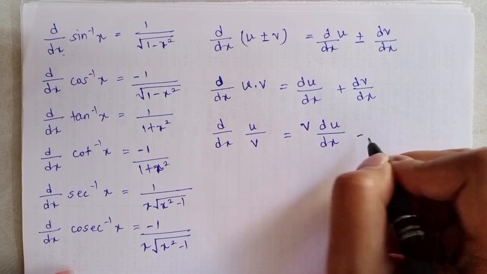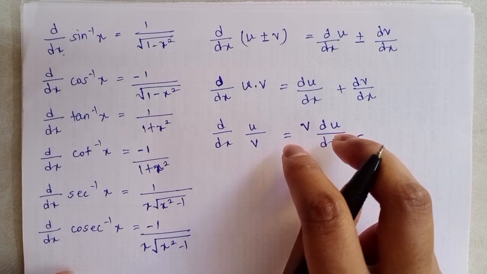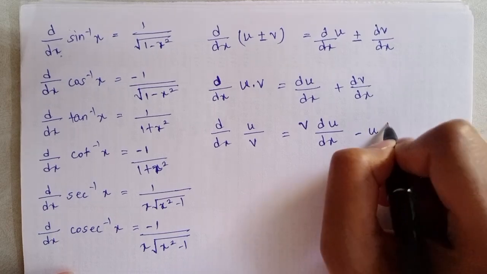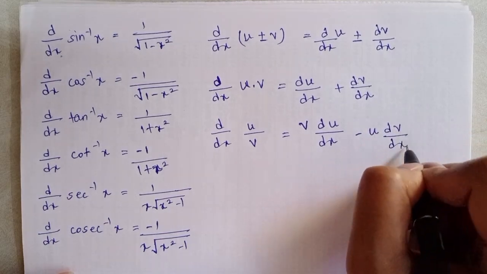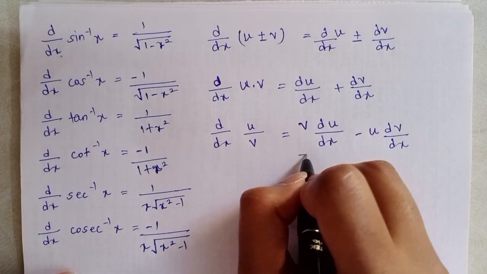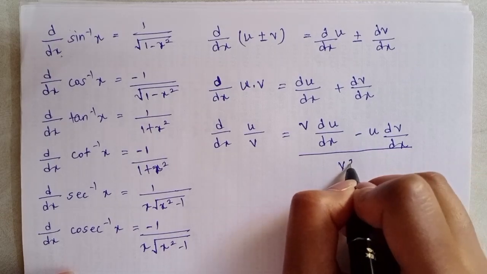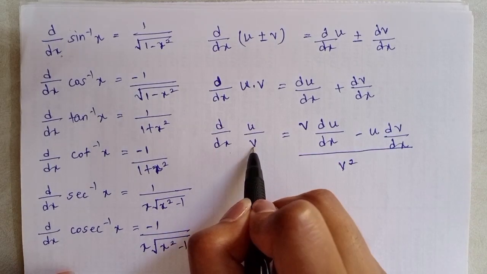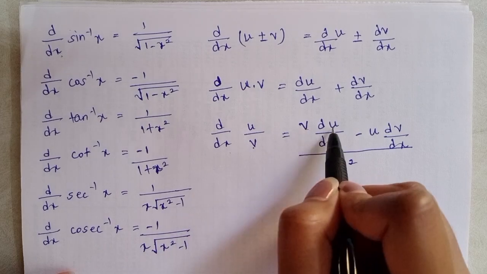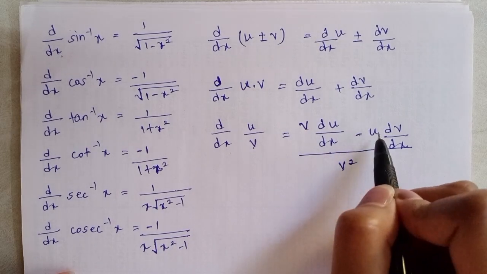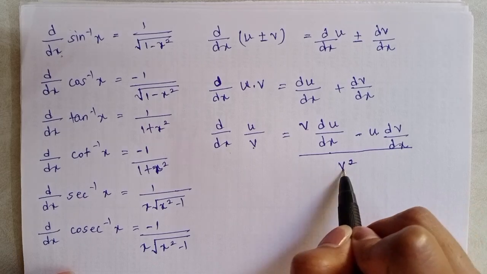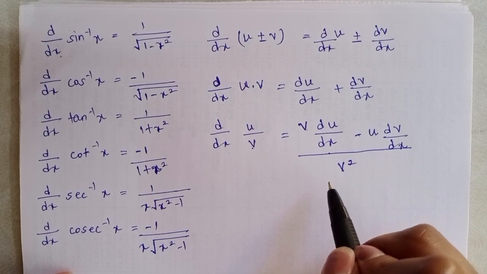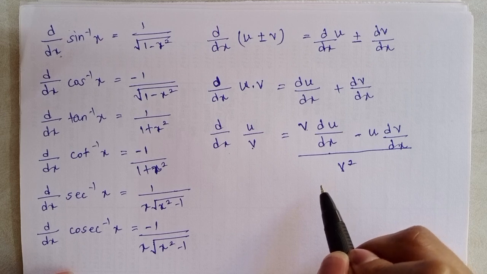We will put a minus sign and change u and v, that is u will come first and derivative of v, and in the denominator we will put the square of the denominator. So derivative of u upon v is v into derivative of u minus u into derivative of v, upon v square. That's all related to derivatives formula.